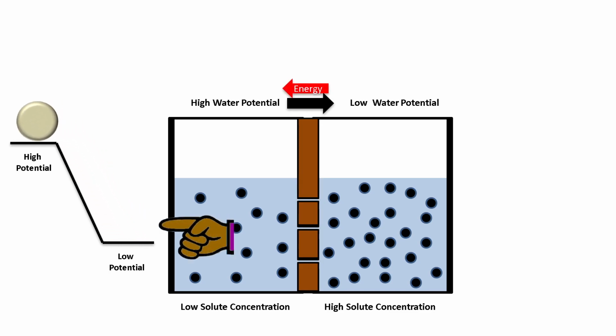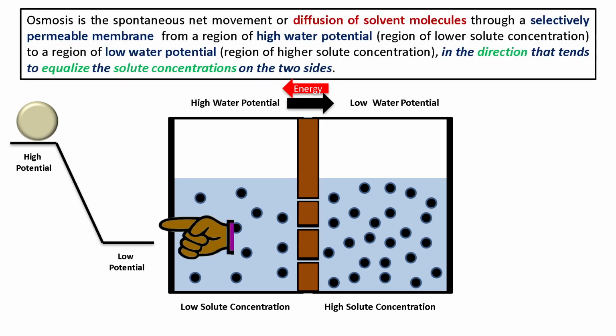Since osmosis is a passive process, water flows from higher potential to lower potential. As a result of this, equilibrium is achieved. So, we can say that osmosis is the spontaneous movement of solvent molecules through a selectively permeable membrane from a region of higher water potential to a region of lower water potential that will ultimately equalize the solute concentration on both sides.